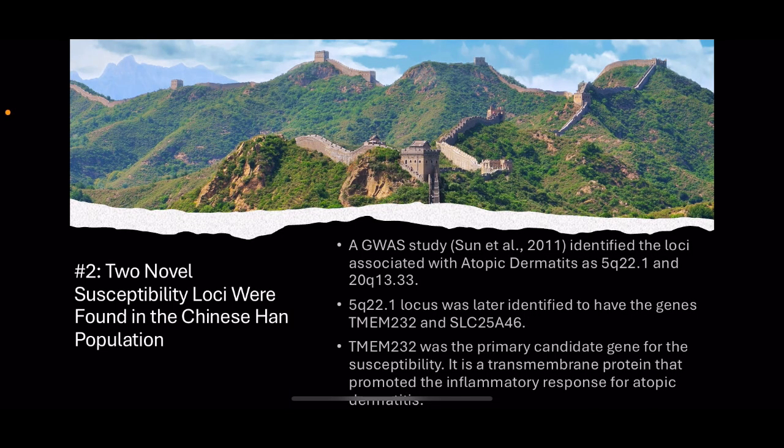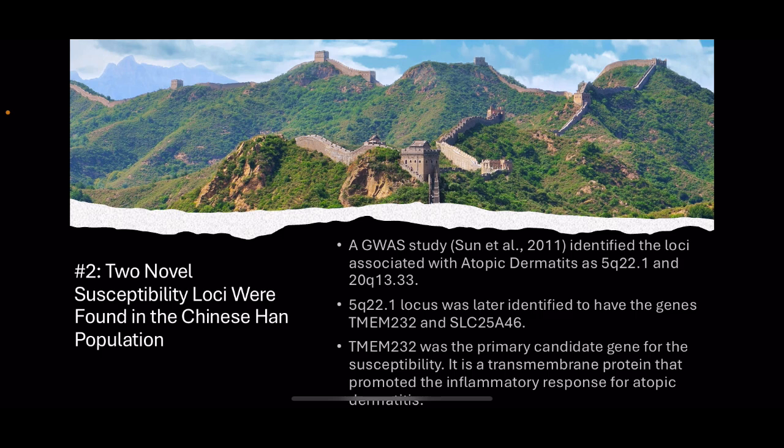Result number 2 is that two susceptibility loci were found in the Chinese Han population. A GWAS study by Sun and his colleagues in 2011 found the associated loci to be 5q22.1 and 20q13.33. But they narrowed it down.